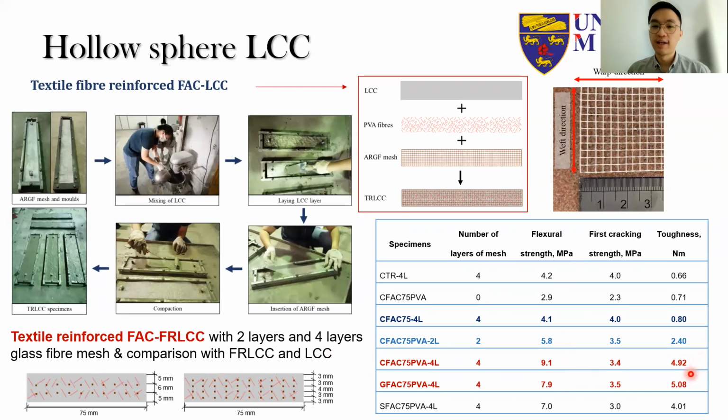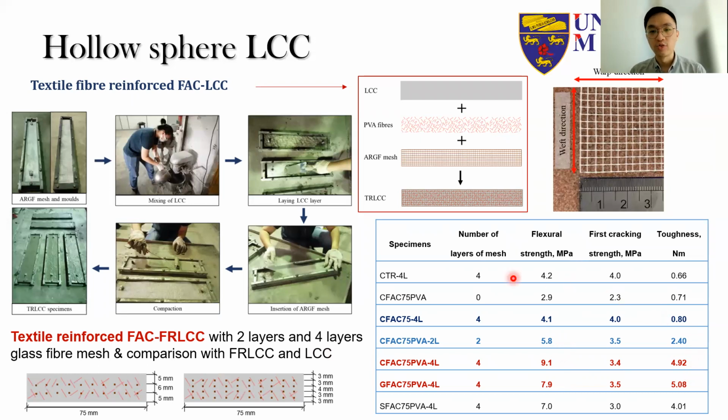So here we can see that in this kind of fly ash cenosphere LCC, when we include 1% of PVA fibers and 4 layers of mesh, it gives a very substantial improvement to the tensile or flexural properties.